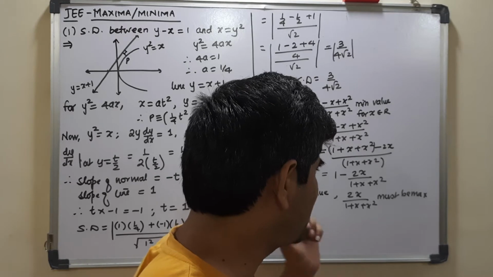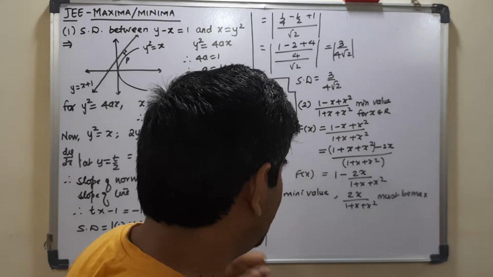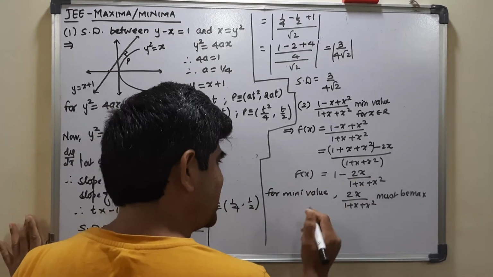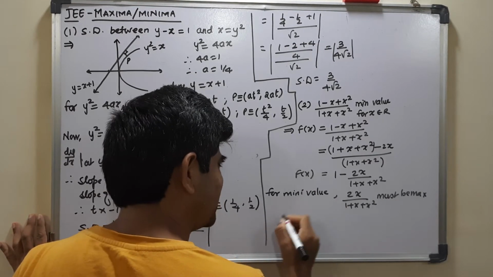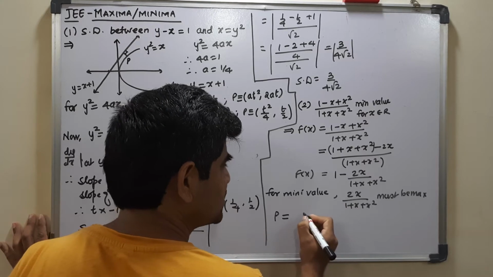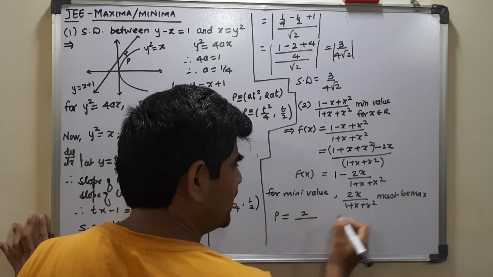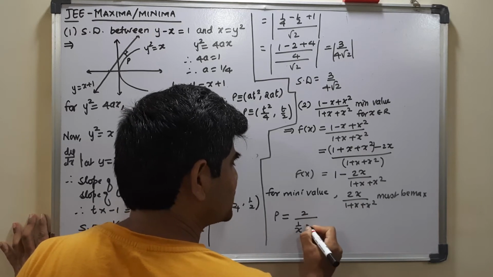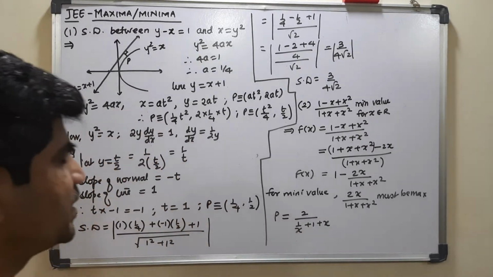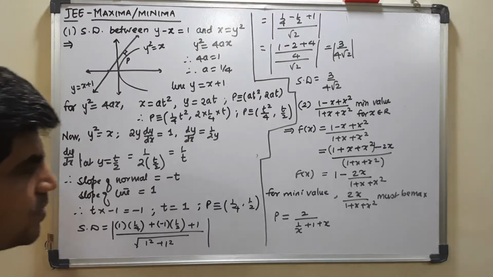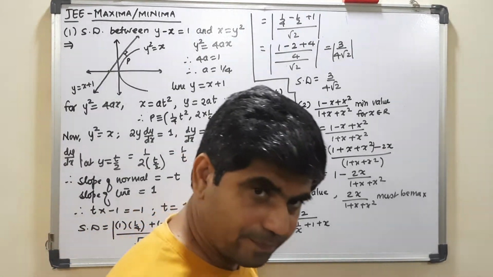So what should I do? If possible, I will remove this x from here. That is, let this be taken as some function p, which is 2 upon, dividing by x, 1 by x plus 1 plus x. Right? This will be your p, which should be maximum.